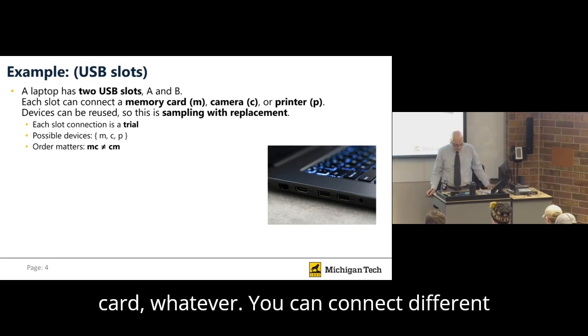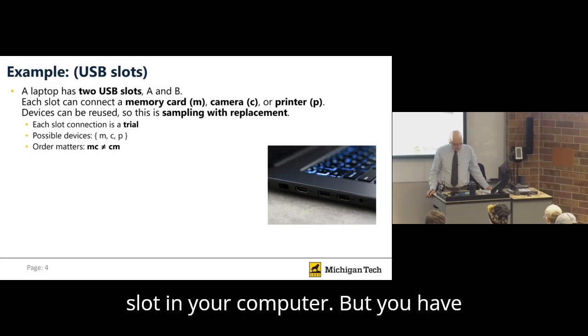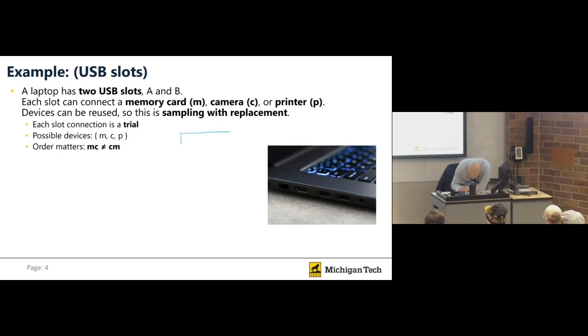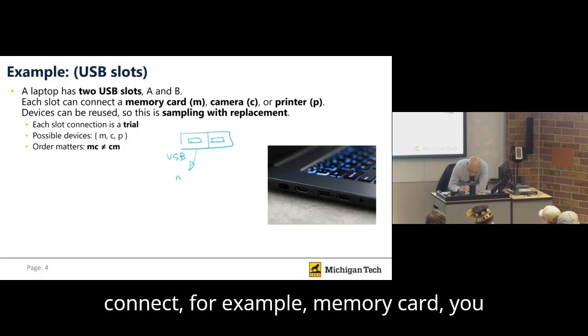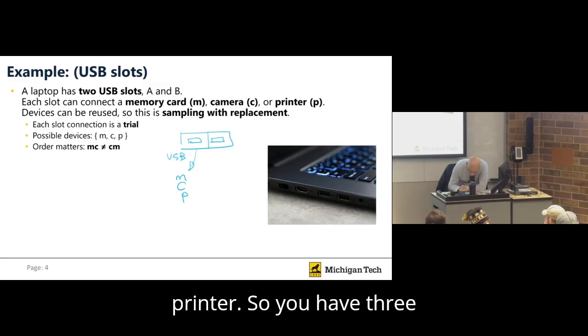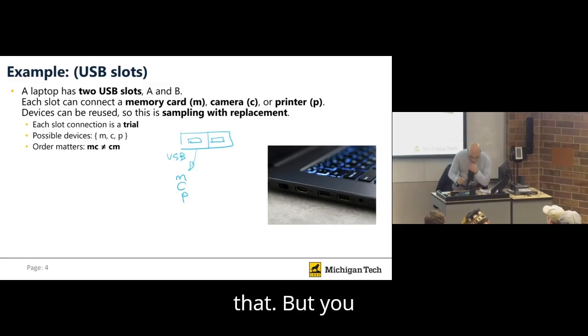You can connect different parts to your USB slot in your computer. But you have just two, so you have two USB slots. And for each one, you can connect, for example, a memory card, a camera, or a printer. So you have three different choices that you can connect.